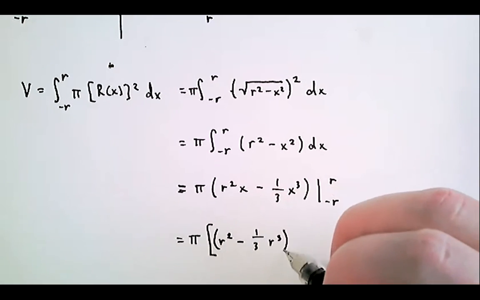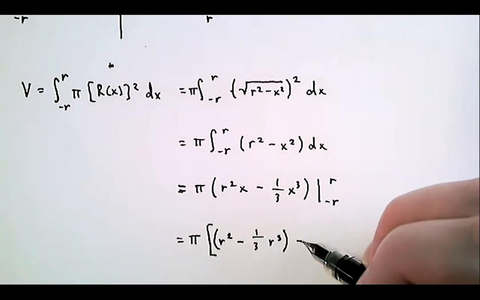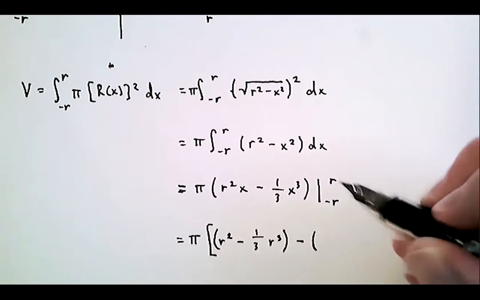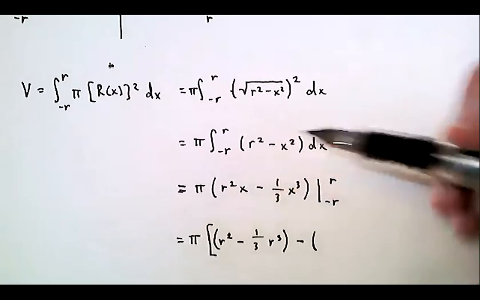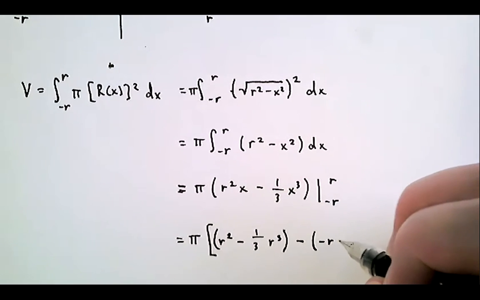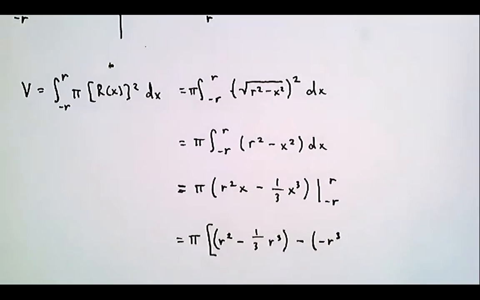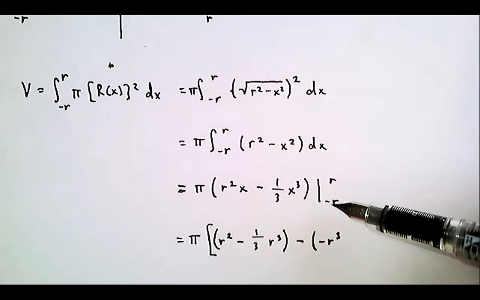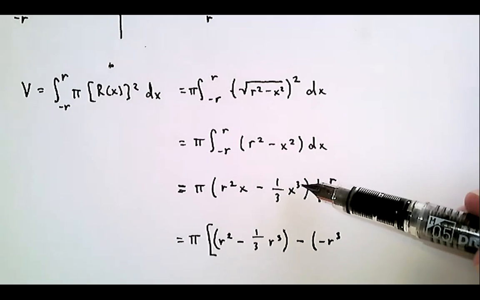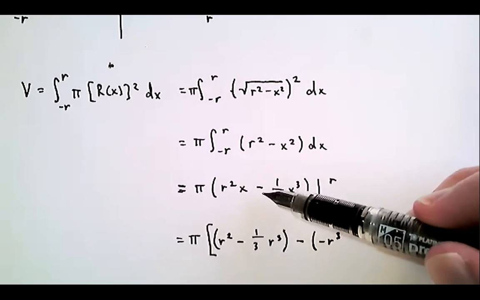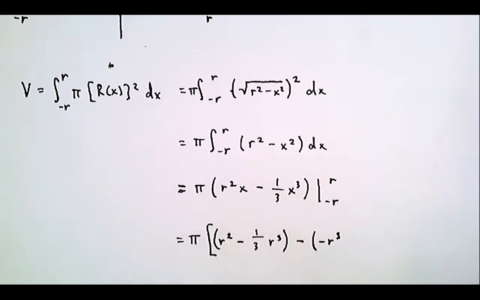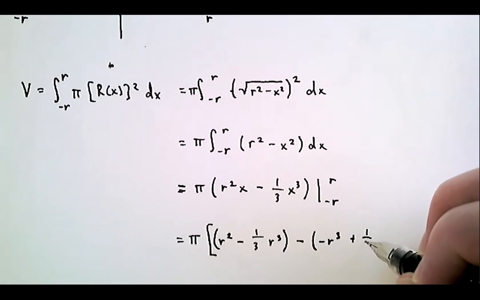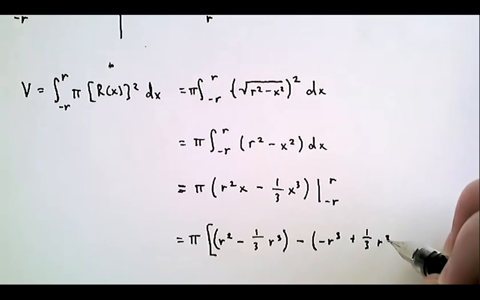Put some parentheses around that because we're going to need to subtract. Minus r times r squared, that's minus r cubed. And then here's where we have to think a little carefully. We have minus r cubed, so that's 3 minus signs. And then we have an extra minus sign here. So overall we have a plus 1/3 r cubed.